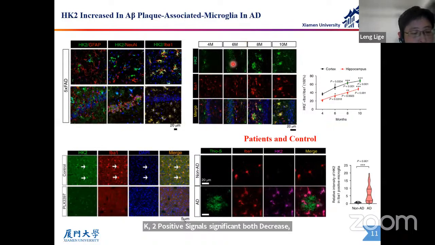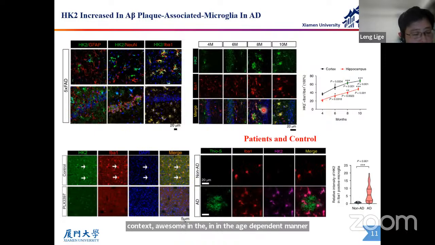Consistently, an increased percentage of HK2 positive microglia over the total microglia was observed in both the hippocampus and the cortex of FAD mice in an age-dependent manner.